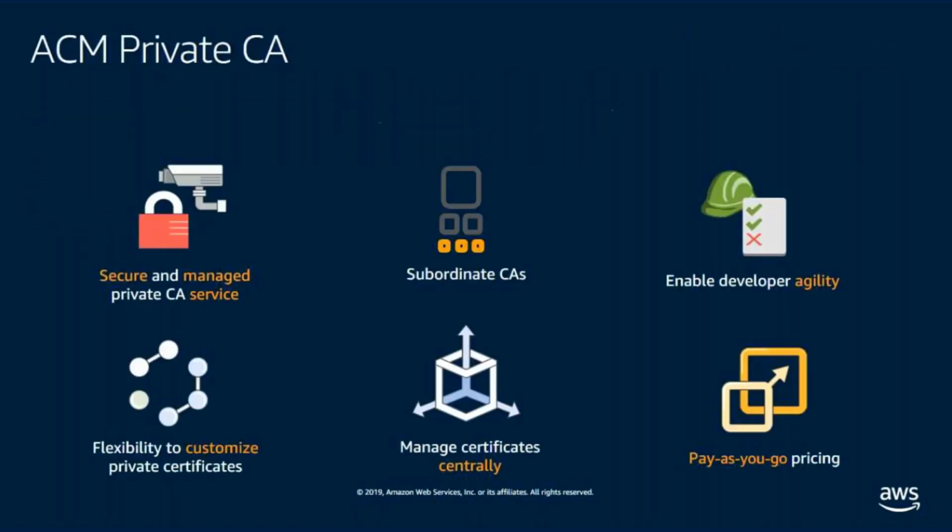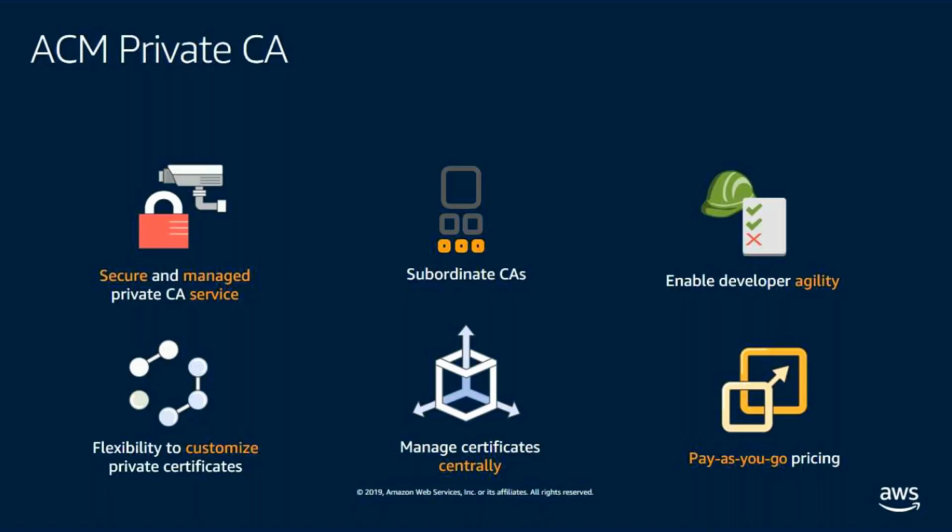So we launched ACM Private CA. ACM Private CA is a managed private CA service without the upfront investment and ongoing maintenance costs of operating your own private CA. With ACM Private CA, there's no need to build your own CA infrastructure. It's a managed service. It's secure and backed by FIPS 140-2 Level 3 HSMs for operating on the CA private keys. And so there's no need to manage your own HSMs.